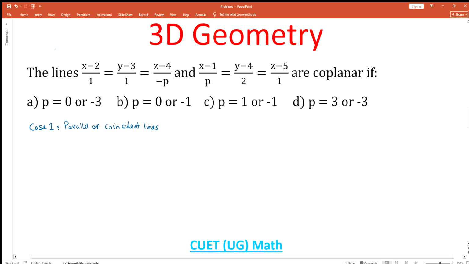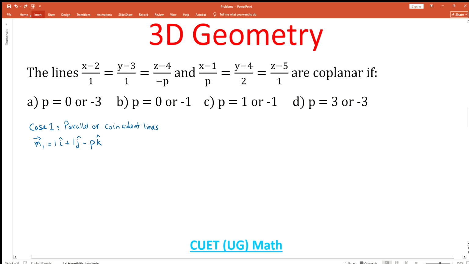If that is the case, then these two lines will have the same direction. The first line is parallel to the vector 1i plus 1j minus pk. We get the direction ratios of the vector from the denominator terms in the equation.